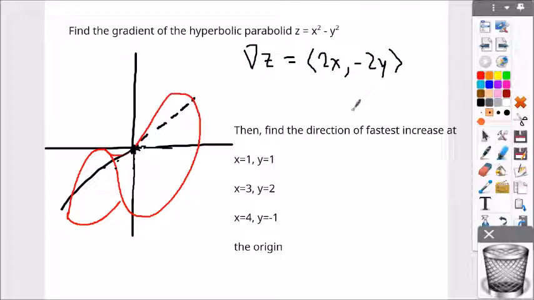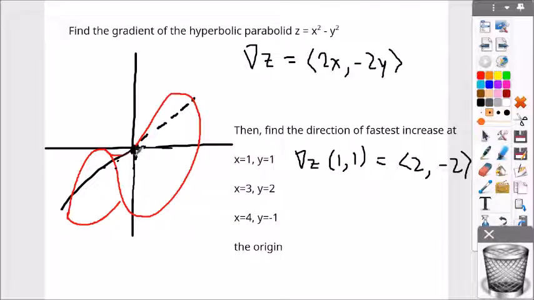So what does this mean? Find the direction of fastest increase. This is pretty easy. Just plug in. I could write z of 1, 1 is 2, negative 2. So at 1, 1, which means z will be 0, right here, the direction of fastest increase will be 2, negative 2.